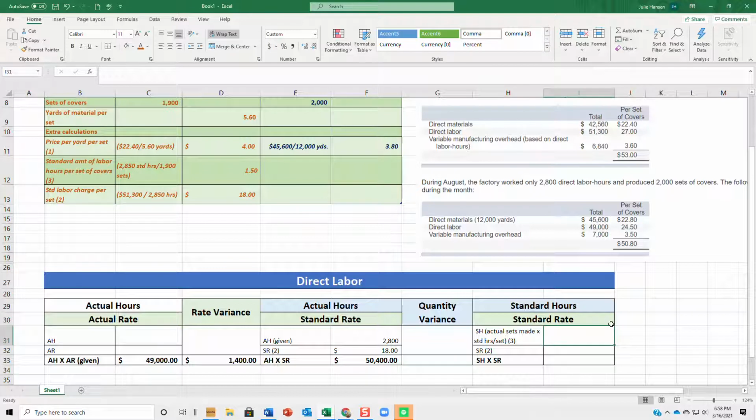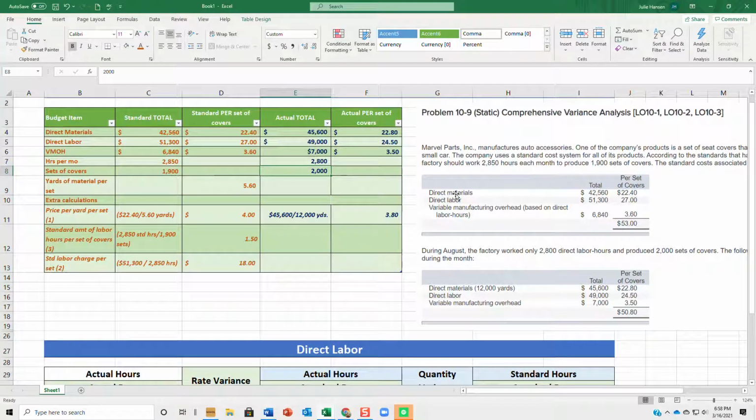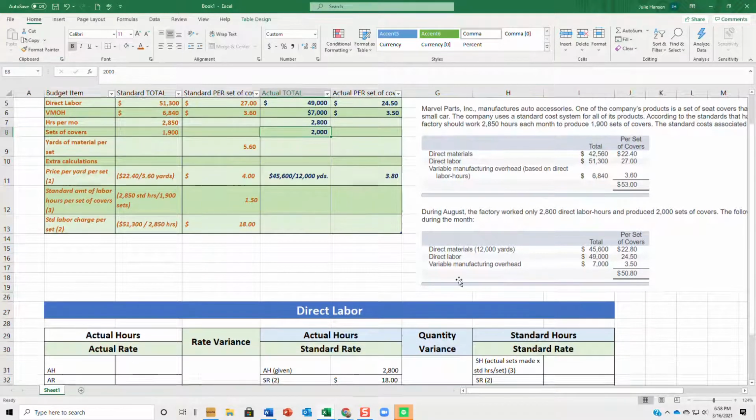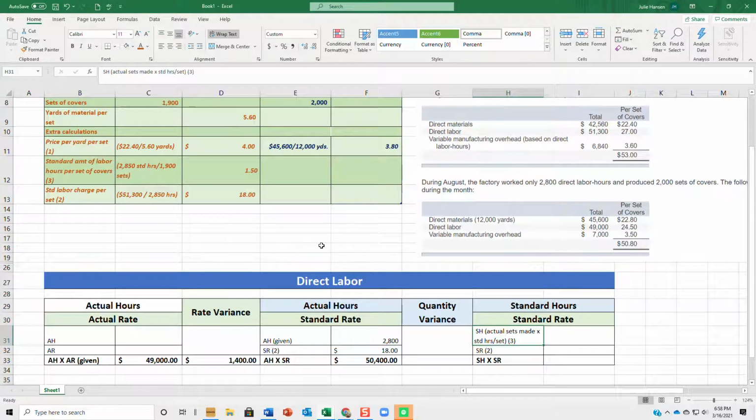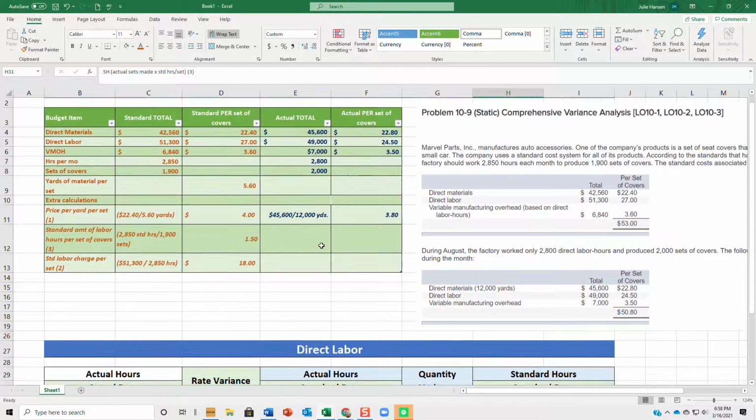Now, again, this is probably the trickiest little quadrant right here because we have to figure out how many actual sets we made. Okay, well, that's the easy part because we made 2,000 sets. But what did that mean in terms of how many hours should I have worked to make those 2,000 sets?